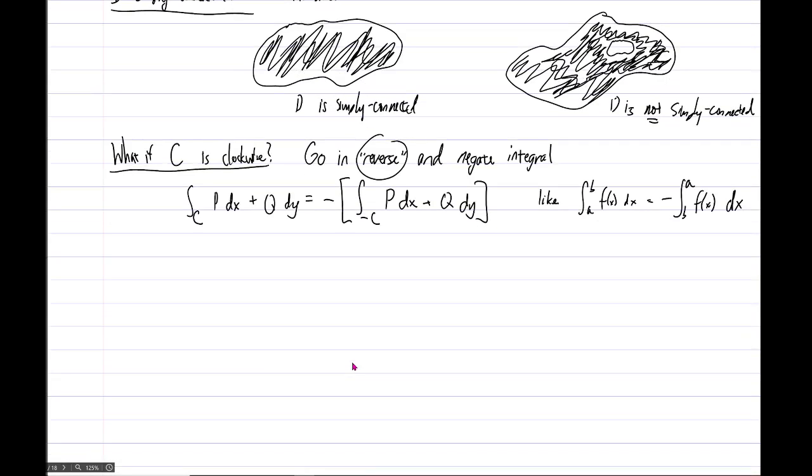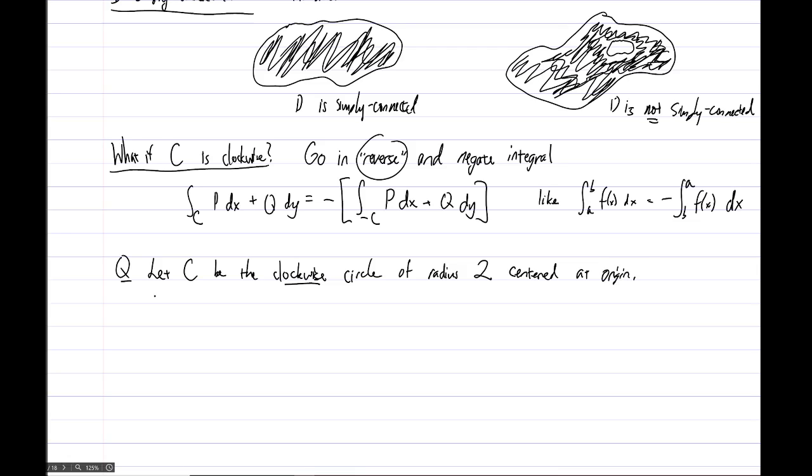So let's look at an example. Let C be the clockwise circle of radius 2 centered at the origin.